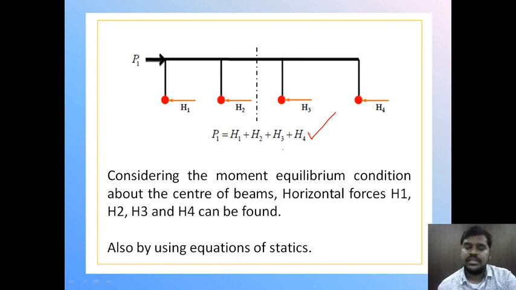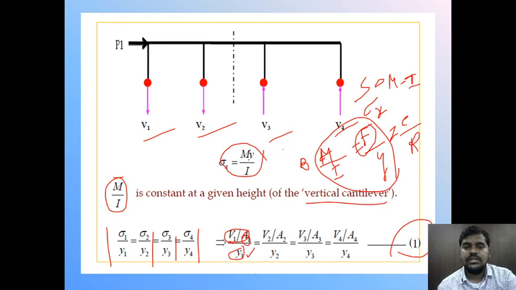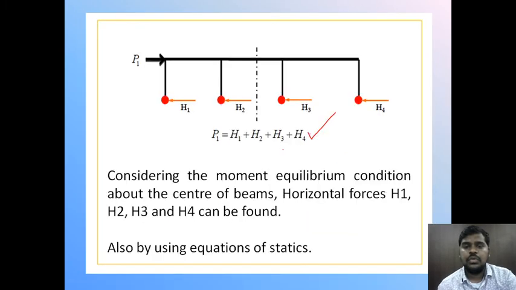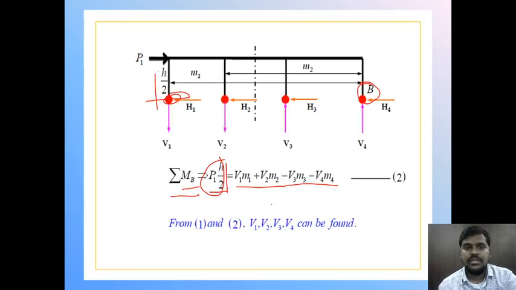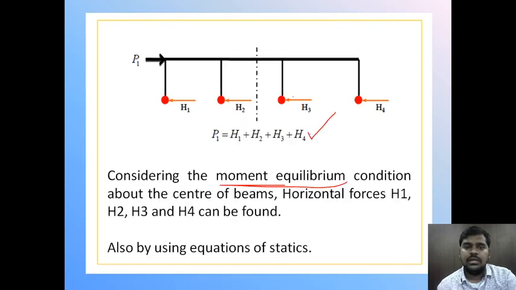After finding this, equation 1, 2 and this equation, by using these three equations and considering the moment equilibrium condition about the center of the beams, that means this one, the center of the beam in this column, the horizontal forces H1, H2, H3 and H4 can be found.